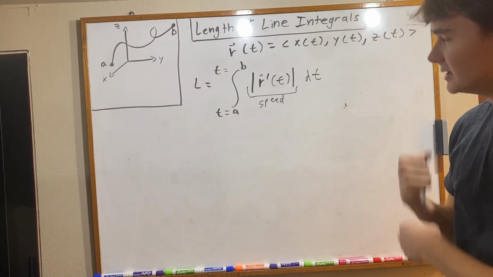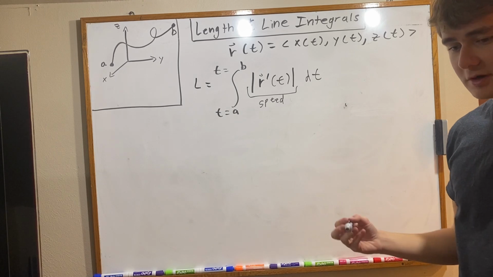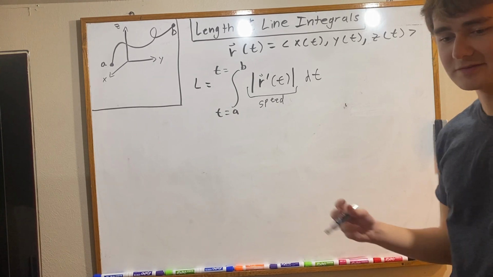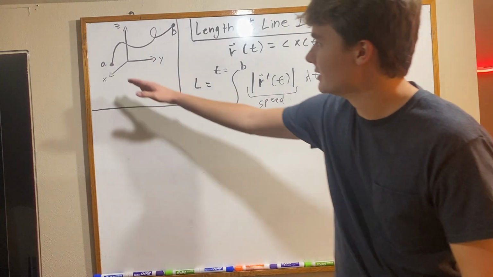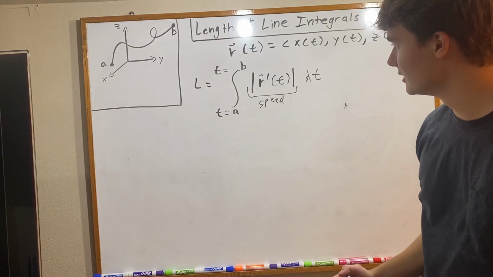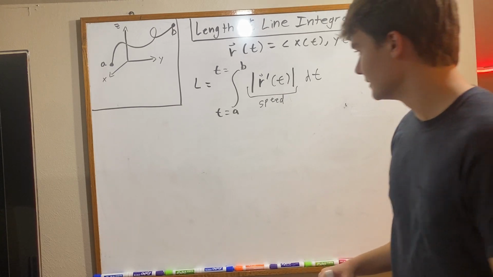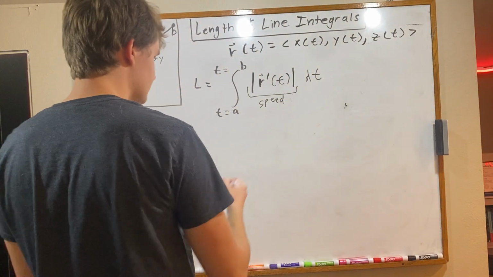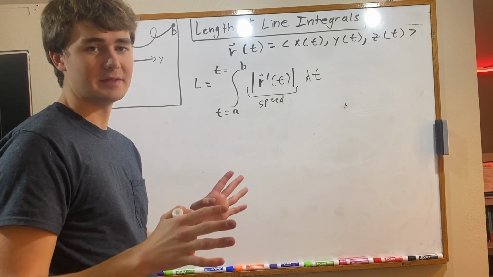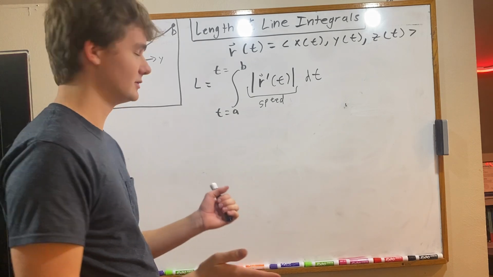Now we're going to take the line integral of a function. Say that you have some function that changes at every point on the curve. What we're trying to do is basically the same thing, speed times time, since you want a distance.